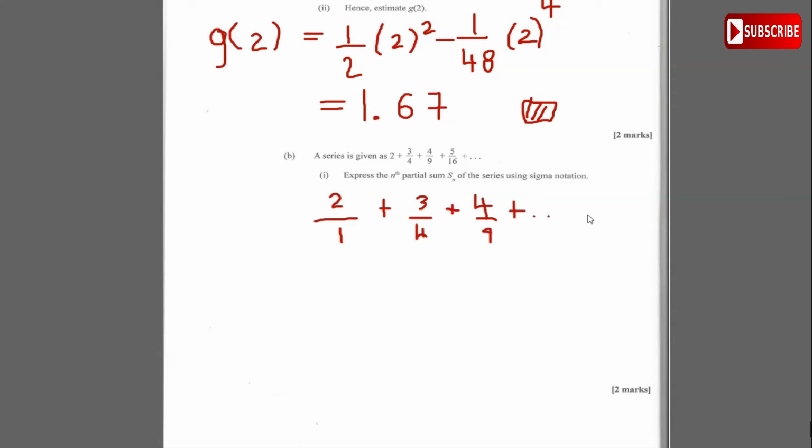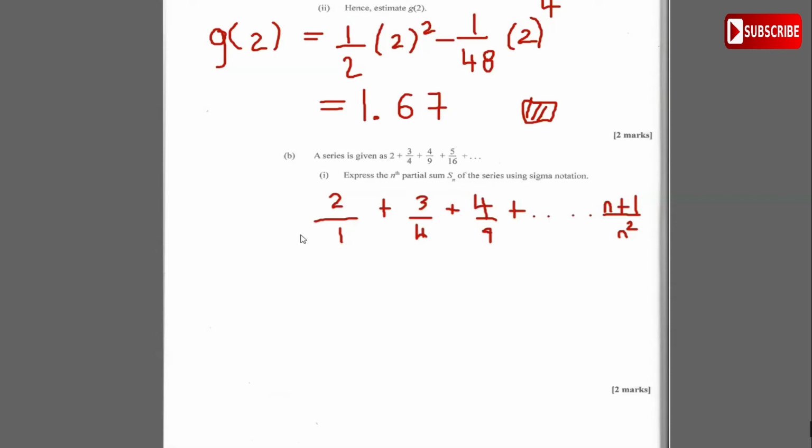The nth term is n plus 1 over n squared. That's the formula. When n is 1, you get 1 plus 1, which is 2 over 1. When n is 2, it is 2 plus 1, 3 over 2 squared, which is 4. So that's how you find it.